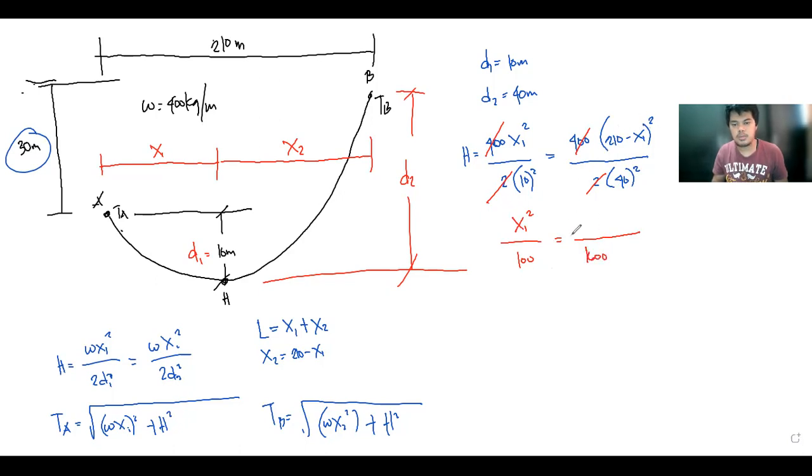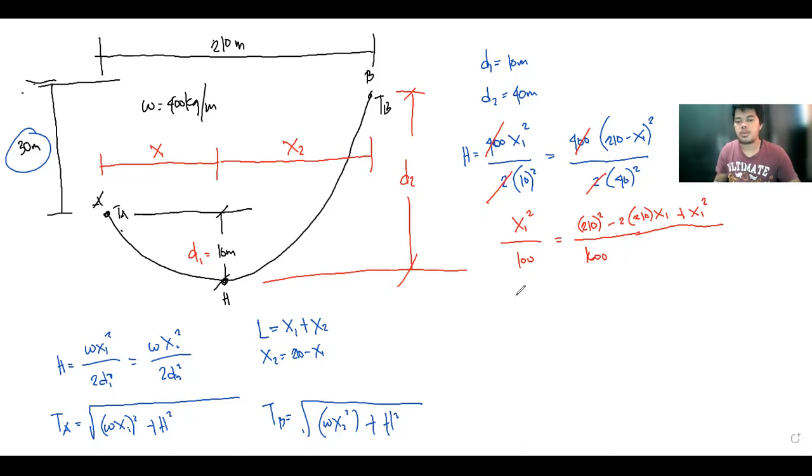So you square this one and expand: 210 square minus 2 times 210 times x1, remember your algebra, plus x1 square.